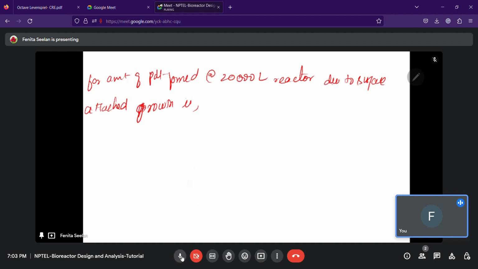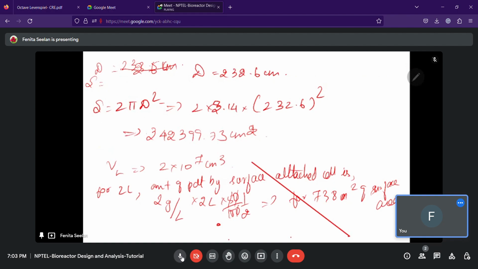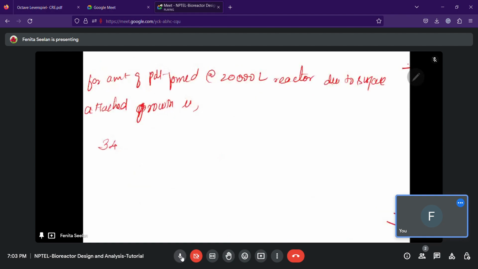How much is your surface area? How much did we calculate, sorry? 342,173 divided by 738 centimeter square.